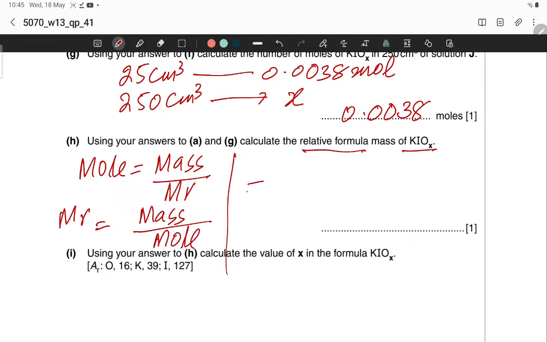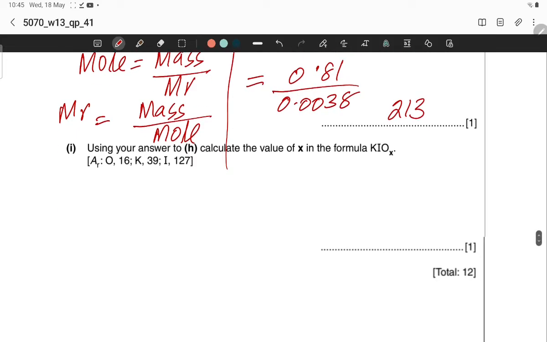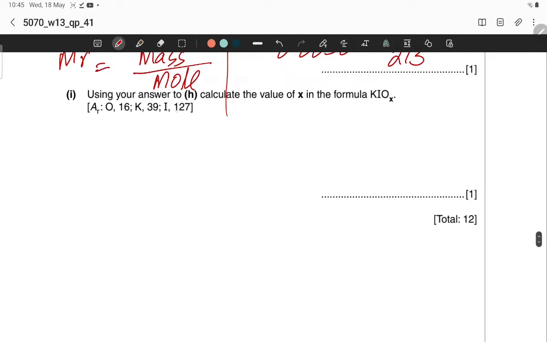We have mass 0.81 divided by moles 0.0038. So we get 213.